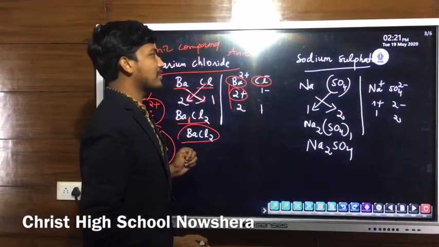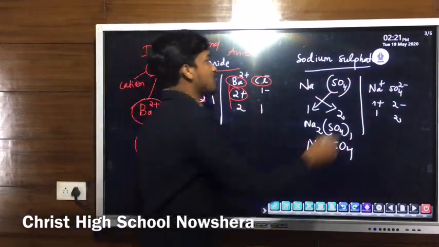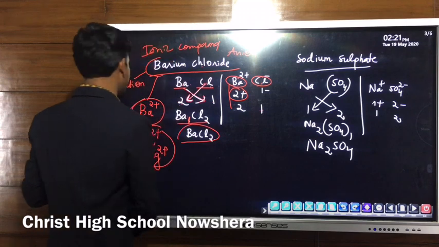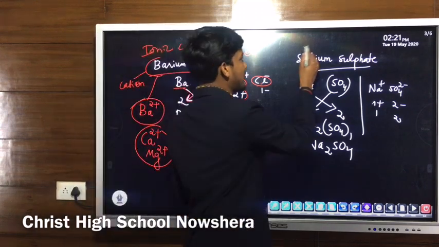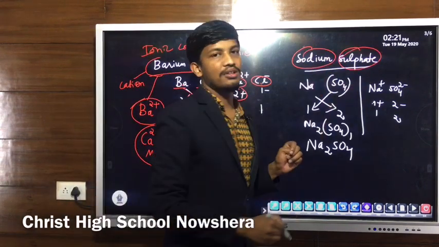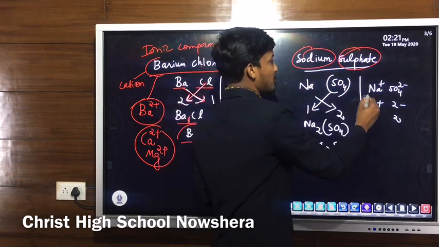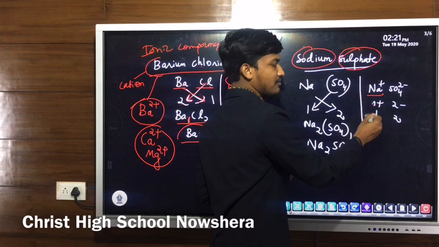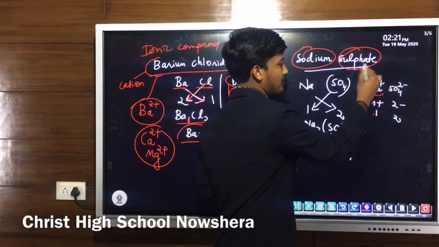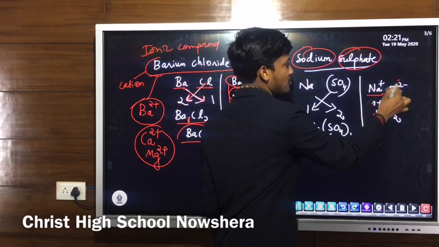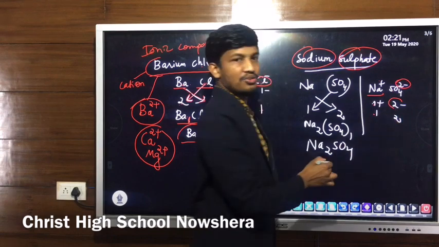We find its chemical formula using valency, by the same method. Sodium is Na+, charge 1 plus, valency 1. Sulfate is SO4 2 minus, charge 2 minus, so valency 2.